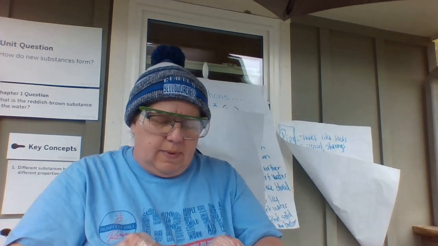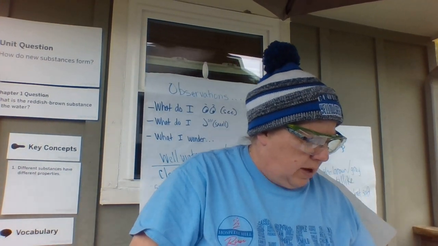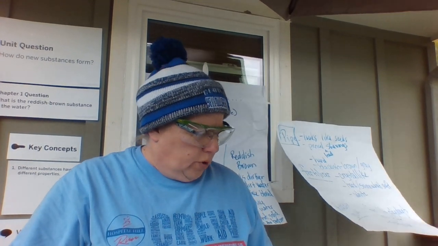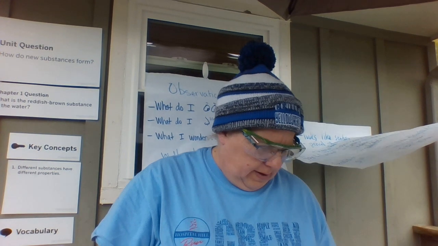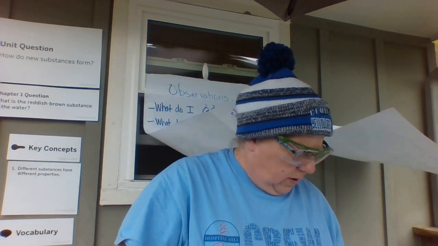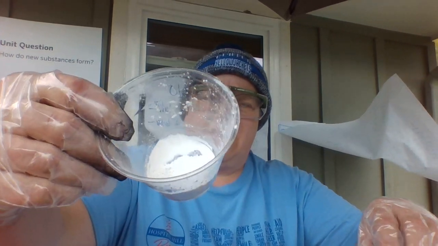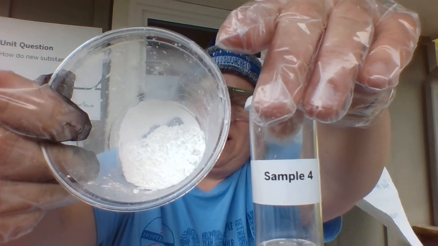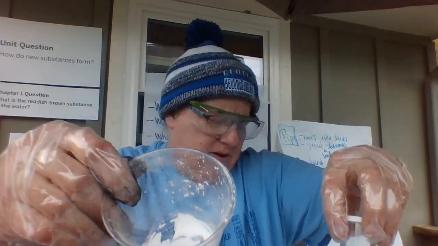This one also does not have a smell, so none of the samples had a smell to them. They were actually all odorless. So you definitely can mark that down. So going back over again, this one right here was sample 4. I'll give you an idea of what that looked like a little bit more.